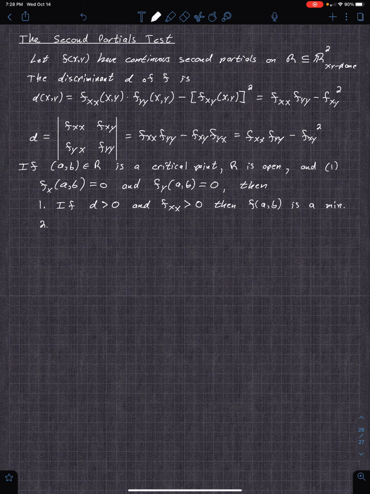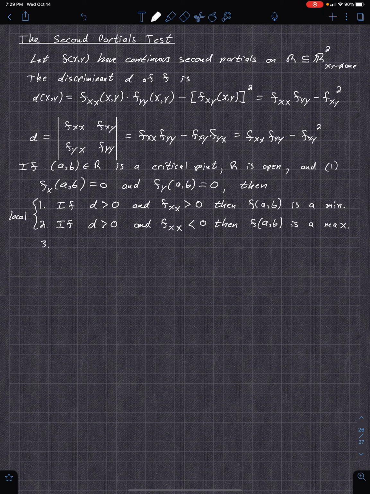You evaluate these, of course, at the point. Case 2: if the discriminant is positive and fxx is less than 0, then f(a,b) is a maximum. And in both cases it's a local one.